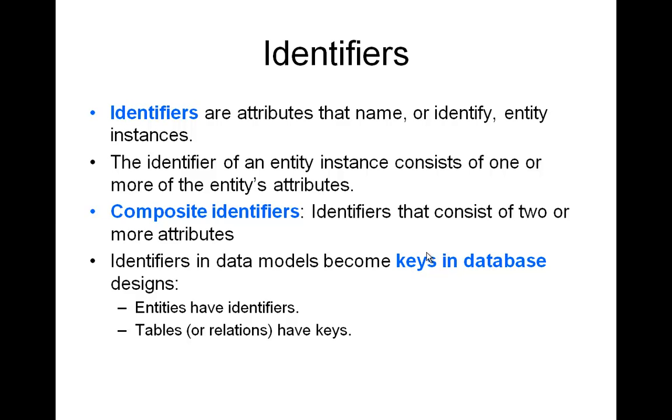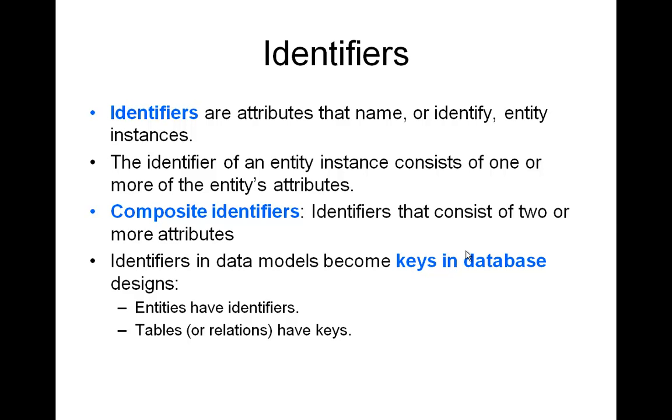Identifiers are attributes that name or identify entity instances. The identifier of an entity instance consists of one or more of the entity's attributes. A composite identifier consists of two or more attributes that identify the data in the model.